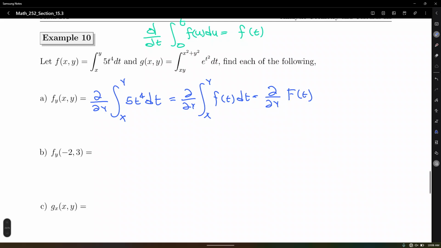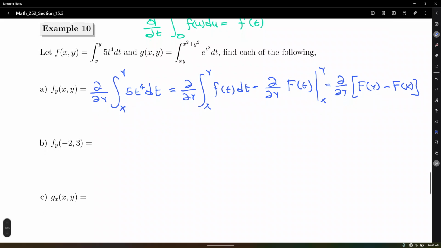Remember that fundamental theorem of calculus? Little f goes to big F. Differentiate, big F gets back to f. But in this case, we will integrate between x and y. Keep the partial operator. That is big F of y minus big F of x.